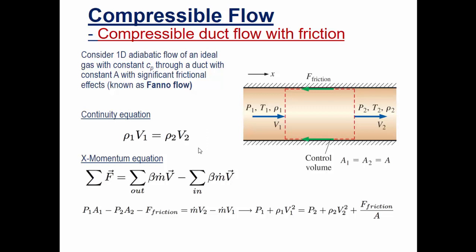The actual one is m dot equal to rho A v, but we can replace the mass flow rate here with rho v.